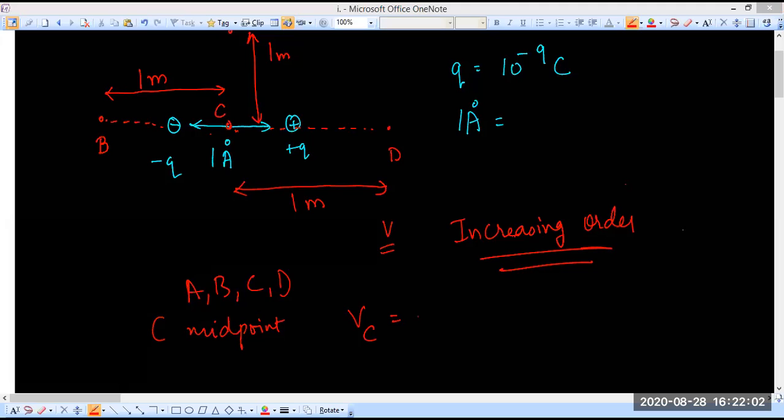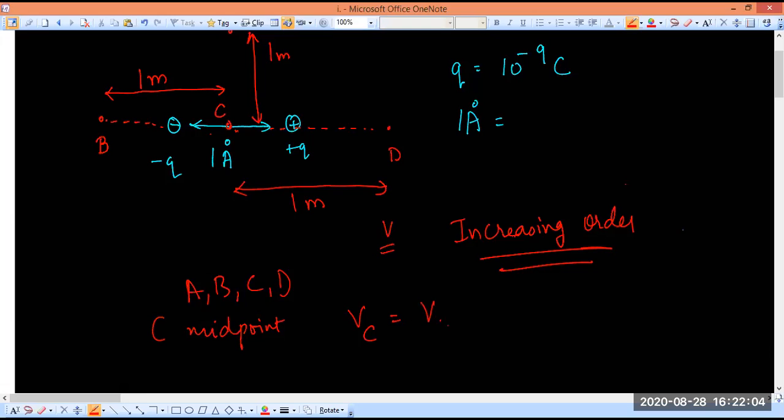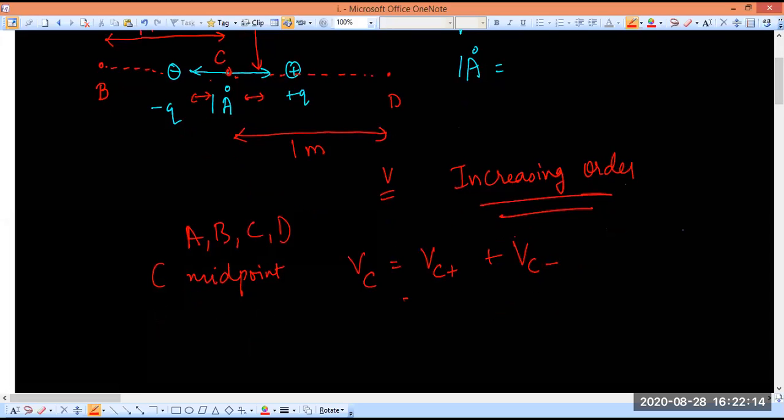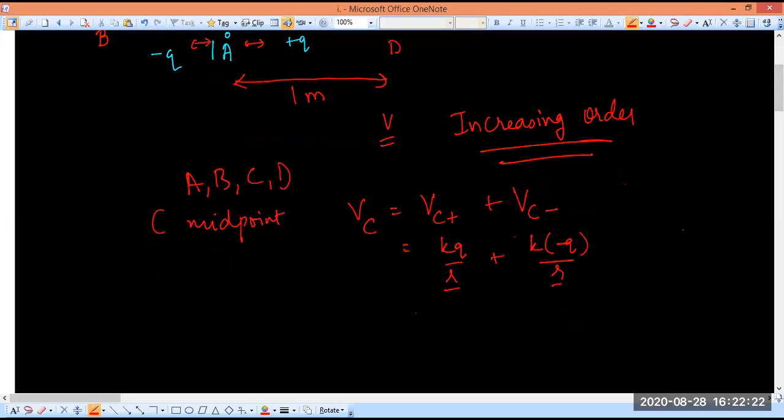VC is equal to VC due to the positive charge plus VC due to the negative charge. Both of them are at the same distance, right? That's why this is going to be KQ by R and this is going to be K times minus Q by R, because the distance is the same. So VC is equal to 0 first of all. Okay, VC is equal to 0.